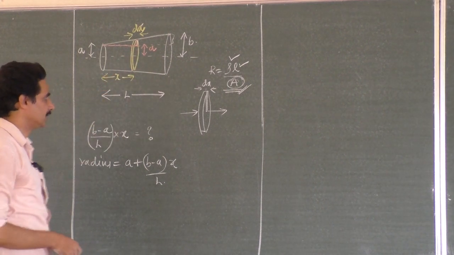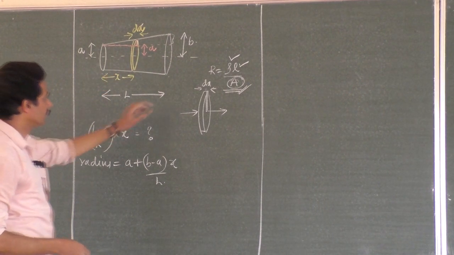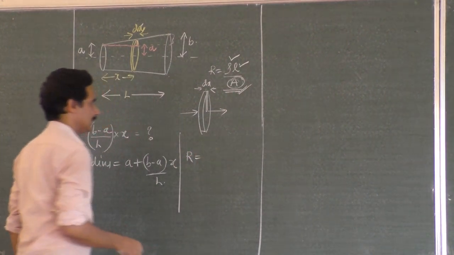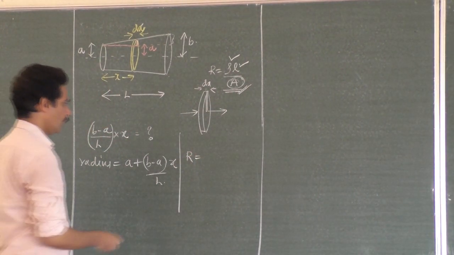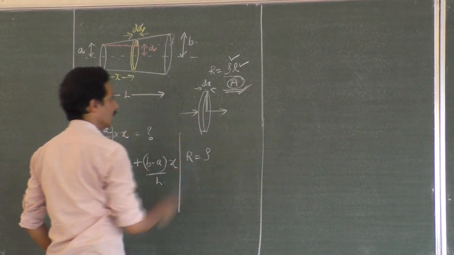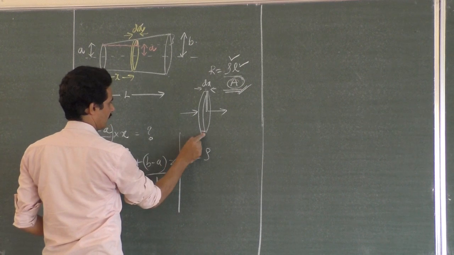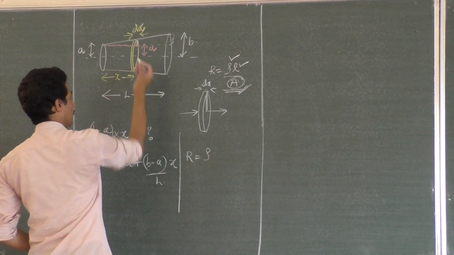Now shall we write what is the resistance of this small piece? Resistance of the small piece dR is equal to rho L by area. L is the thickness, dx. I am concentrating only on this small piece.